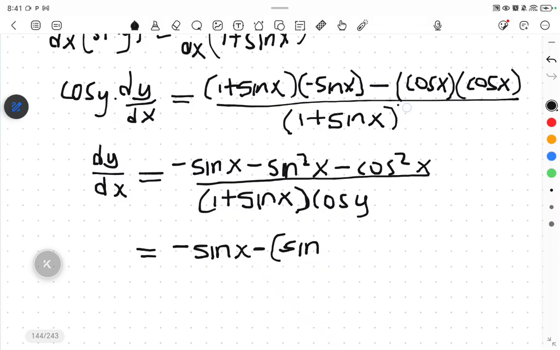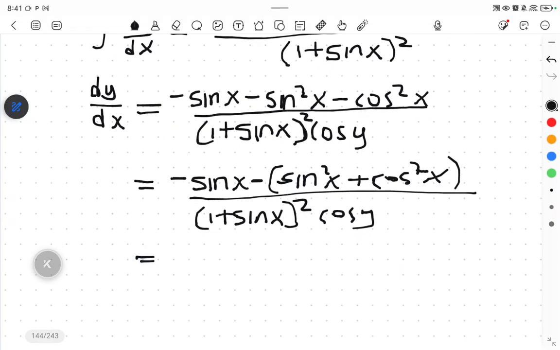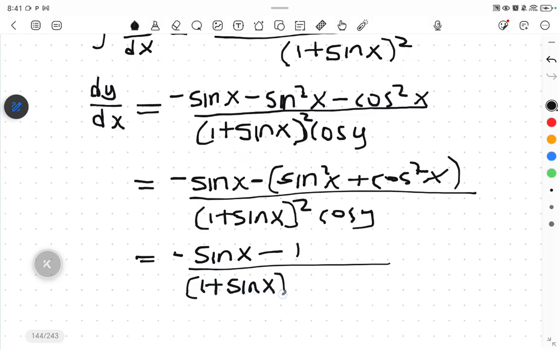Oh yeah, I thought I squared it. And then this is minus sine squared x plus cos squared x, all over 1 plus sine x squared cos y. So that is just like minus sine x minus 1 all over 1 plus sine x squared cos of y.